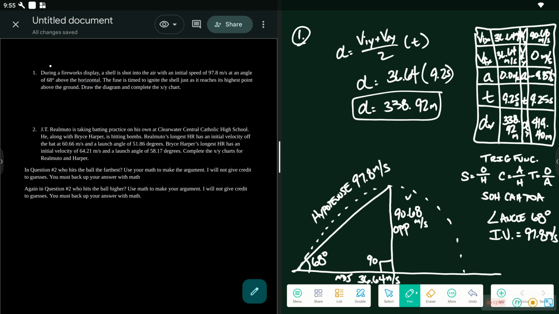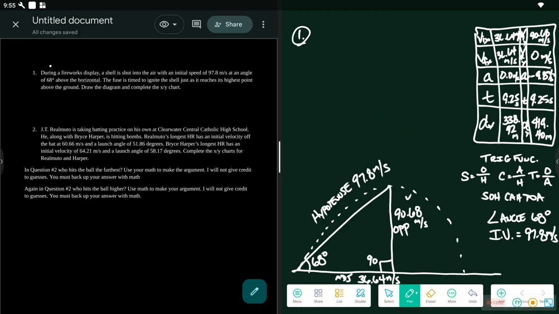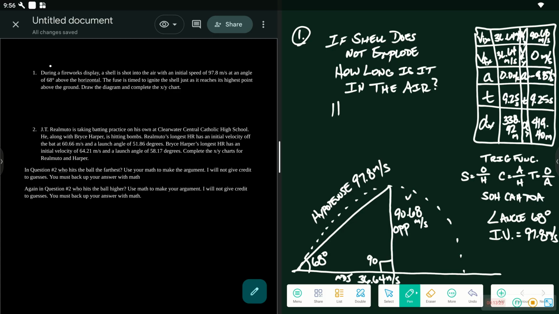Now, some follow-up questions could be, if the shell does not explode, how long was it in the air?